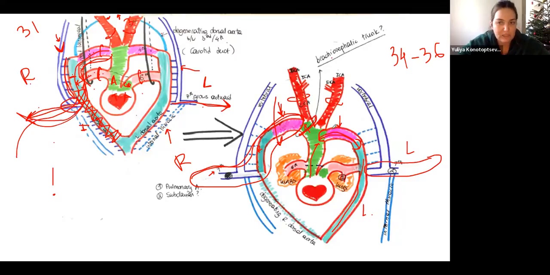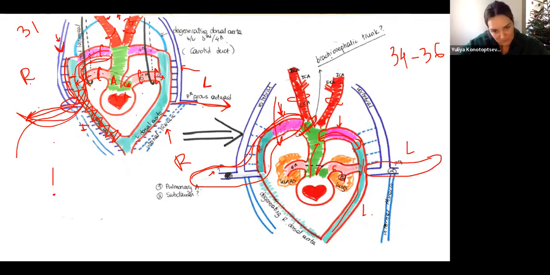Now, what about on the left side? On the left side, this is still your 6th aortic arch, which is pulmonary. Did it lose the connection to the left dorsal aorta? No, it still has it. And this connection between the 6th aortic arch on the left and the left dorsal aorta is very important.